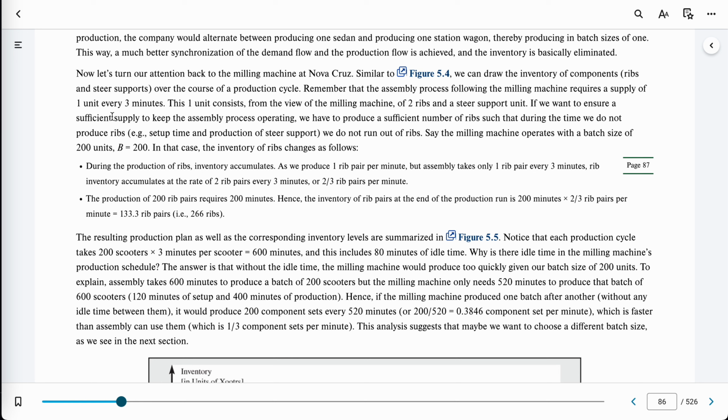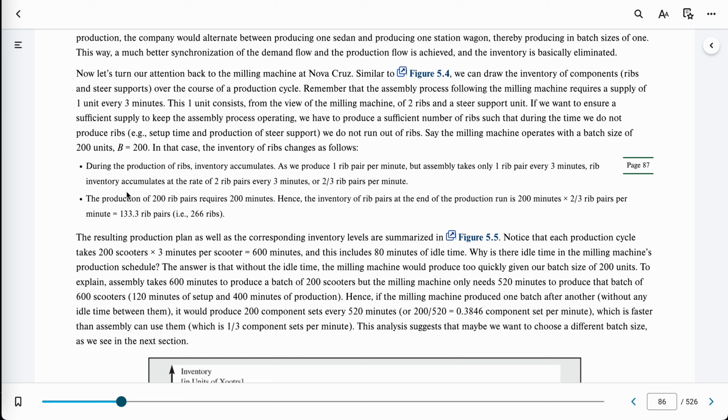When we say 1 unit, it means 1 unit of the handle, the ribs, a pair of ribs, and 1 unit of the handlebars also. So that's the requirement that we have from the assembly process.